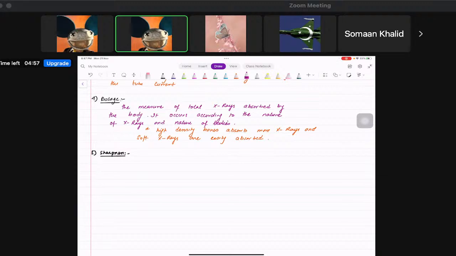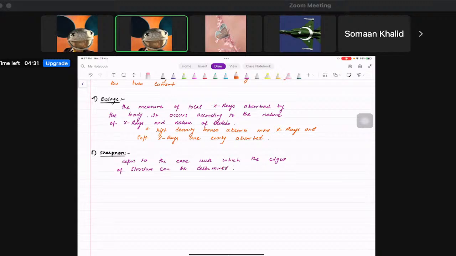Sharpness refers to the ease with which the edges of structures can be determined.